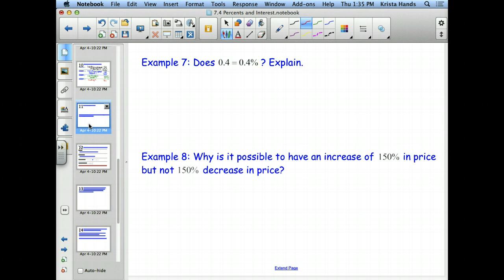All right, a few thought-provoking questions here, a couple of them anyway. Does 0.4 equal 0.4%? No. Why not?